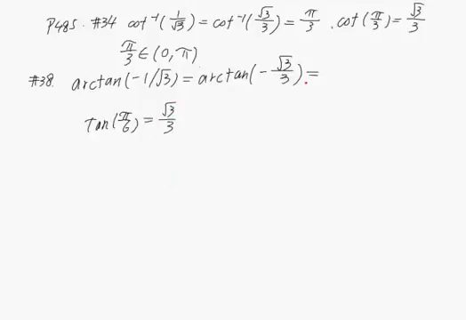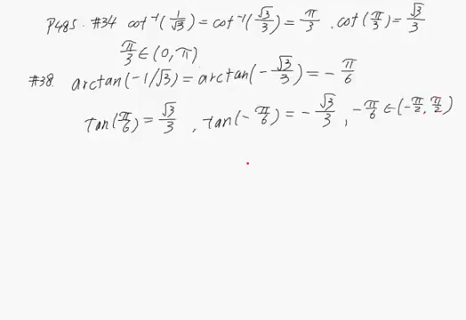Right now this is negative, and the range for the inverse tangent is from negative half pi to half pi. So this is equal to negative pi over 6, because the tangent of negative pi over 6 is equal to negative root 3 over 3. And also negative pi over 6 belongs to this range.